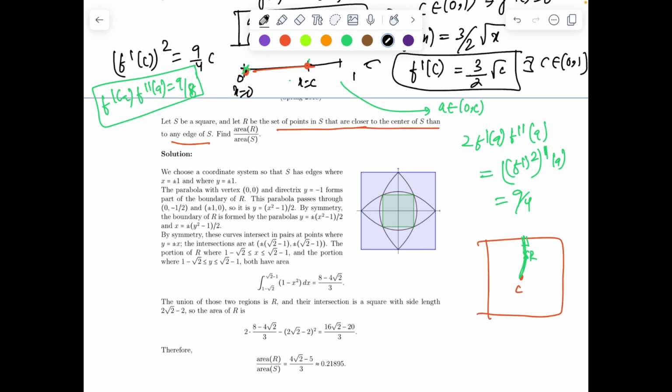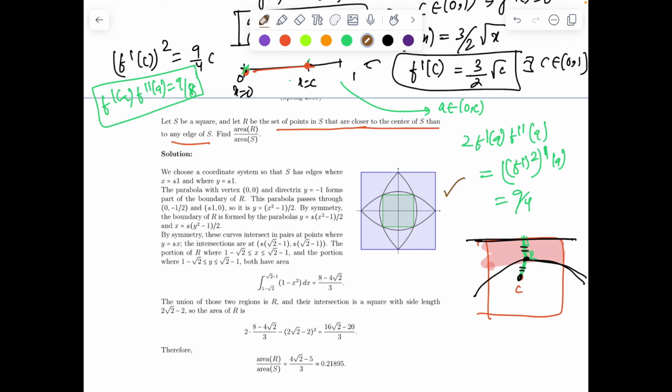So clearly the locus will be some region of a parabola, because if R is a point whose distance from the fixed point and the fixed line is equal, we know that will be a parabola, right? If it is closer to the edge, we are in this region over here. Similarly, you'll get these four regions as shown in this diagram, and we have to find the area of R by the area of S, right?